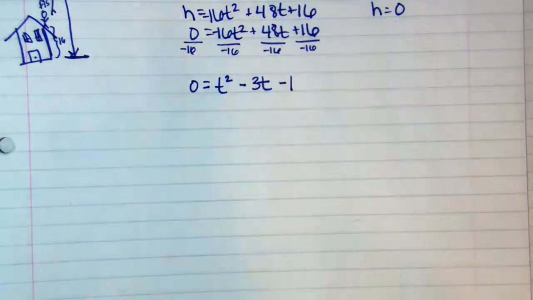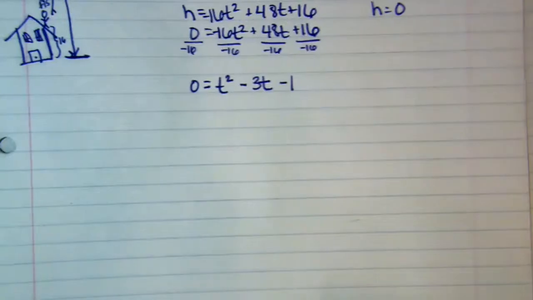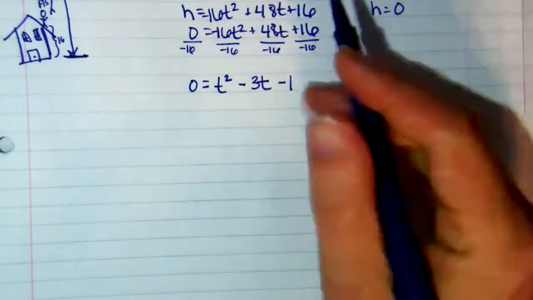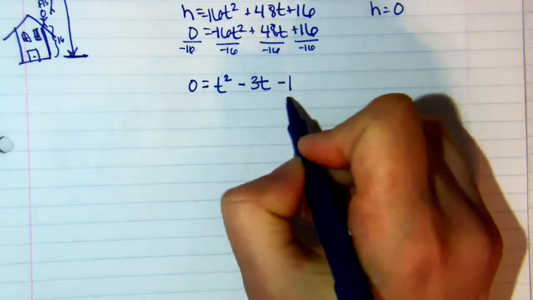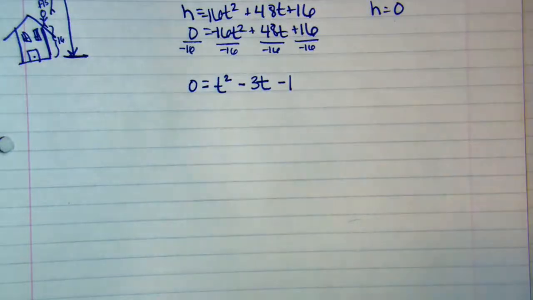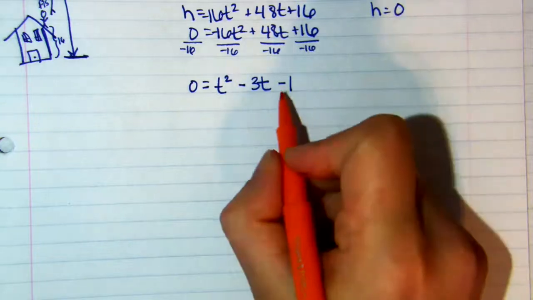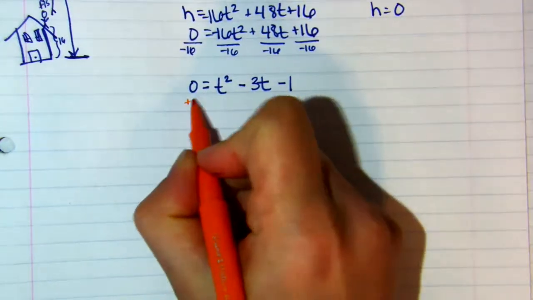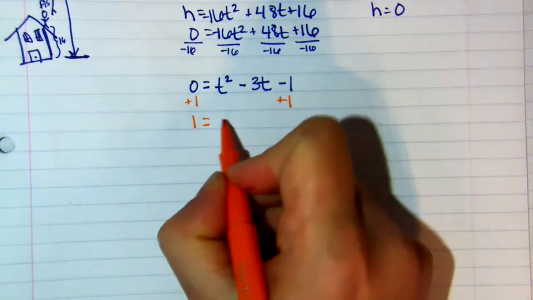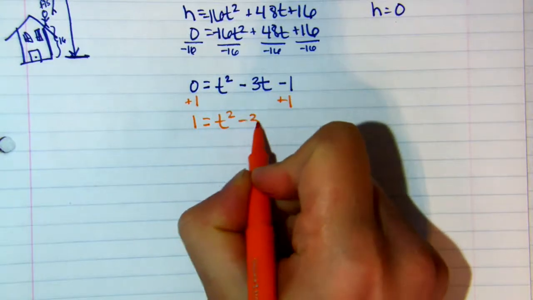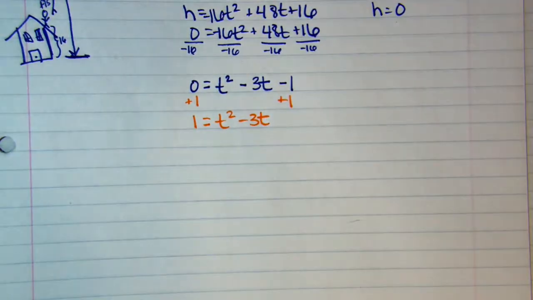So this is what I'm going to do for completing the square. The next step is going back to the completing the square things that we've done before, where I want just my t squared and my t term over here. So I'm going to add 1 to each side first. So I get 1 equals t squared minus 3t.